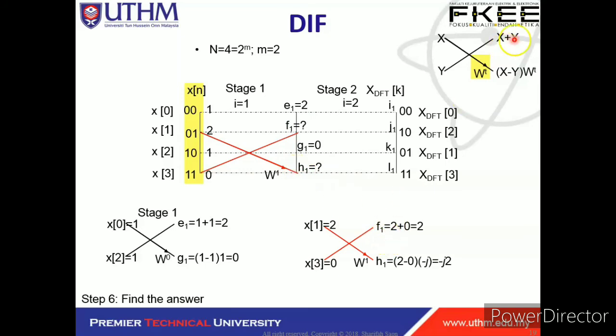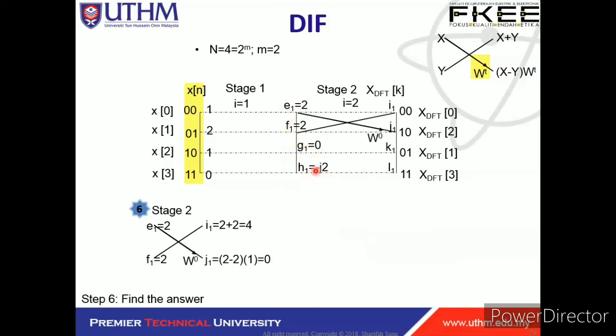To calculate F1, x plus y, or x1 plus x3, equals to 2. To calculate H1, we have x minus y multiplied with W^t. So 2 minus 0 multiplied with W1, which is negative j, so we will get negative j2. Next you put the value of F1 and H1: 2 and negative j2.